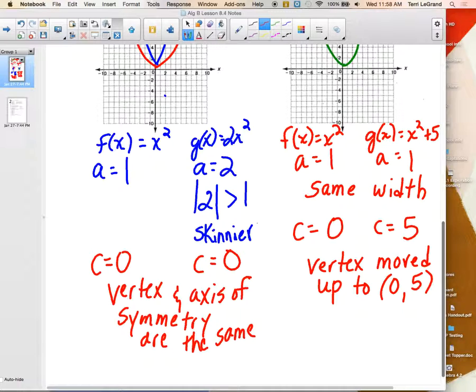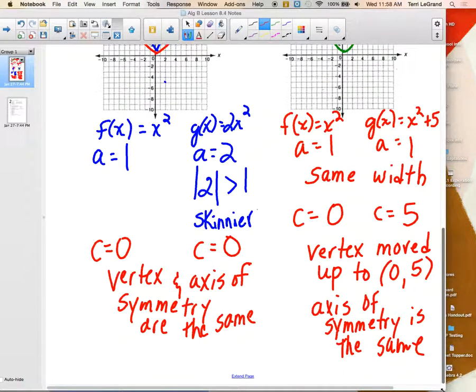Does the axis of symmetry change? No. We just moved up. So the axis of symmetry stays the same. So this is what you're going to be doing in your homework, is writing words instead of graphing. So you need to get this in your notes right now, okay?